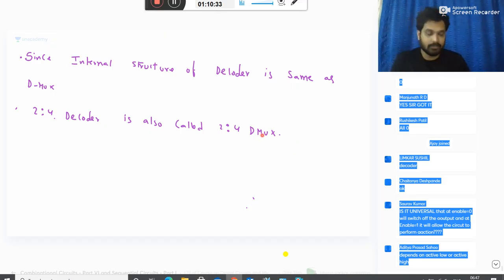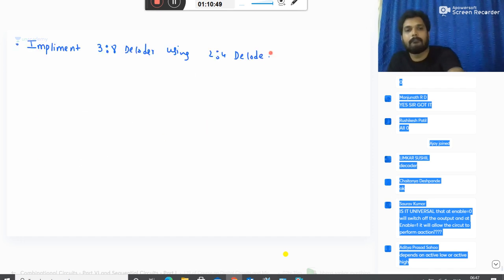Now, where are we? So 2 by 4 decoder is also called 2 by 4 DMUX. Now implement 3 by 8 decoder using 2 by 4 decoder. So here also the story is the same: 3 to 8 using 2 by 4.